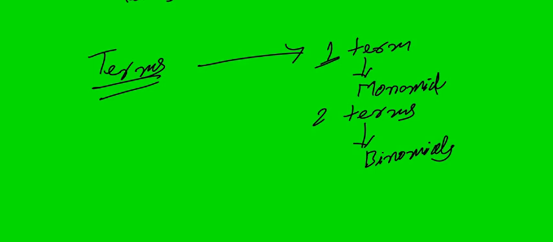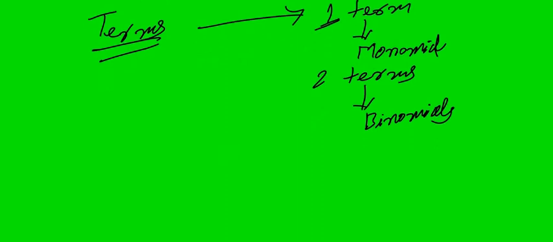If we are having a single term, only one term, then it is called a monomial. Second, according to terms, if we are having two terms, then it is called a binomial.